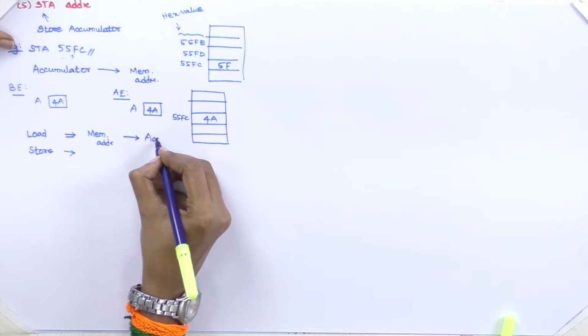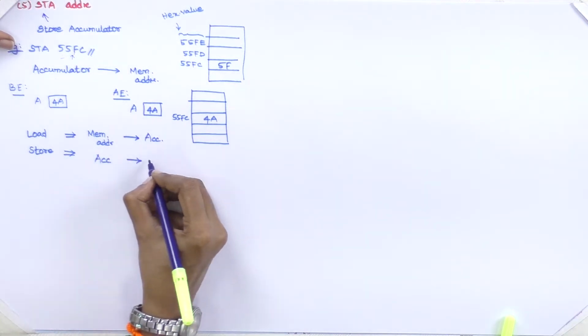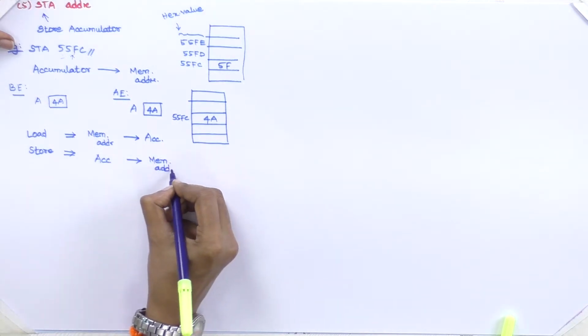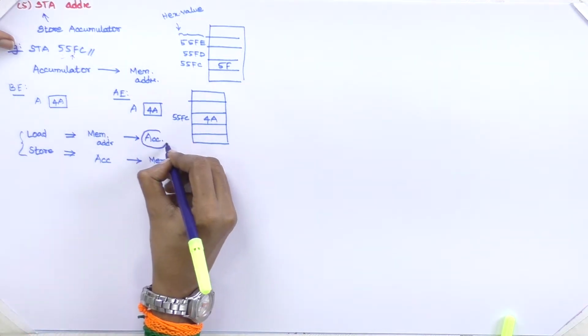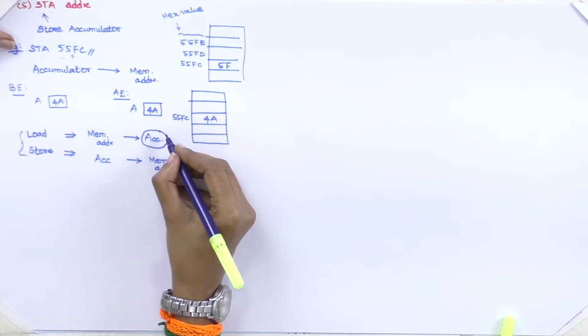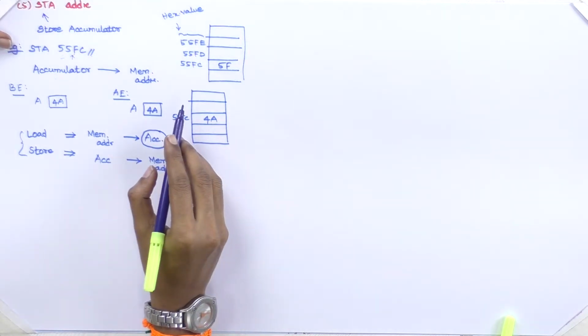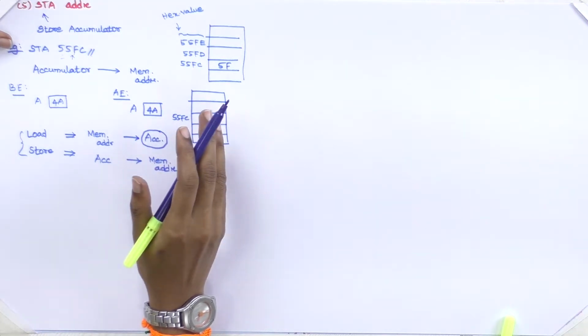In store, the value in the accumulator is stored in memory. In both these two instructions, only the accumulator register is used and not the other registers. For load and store instructions, only the accumulator register is used; other special purpose registers and general purpose registers are not used.